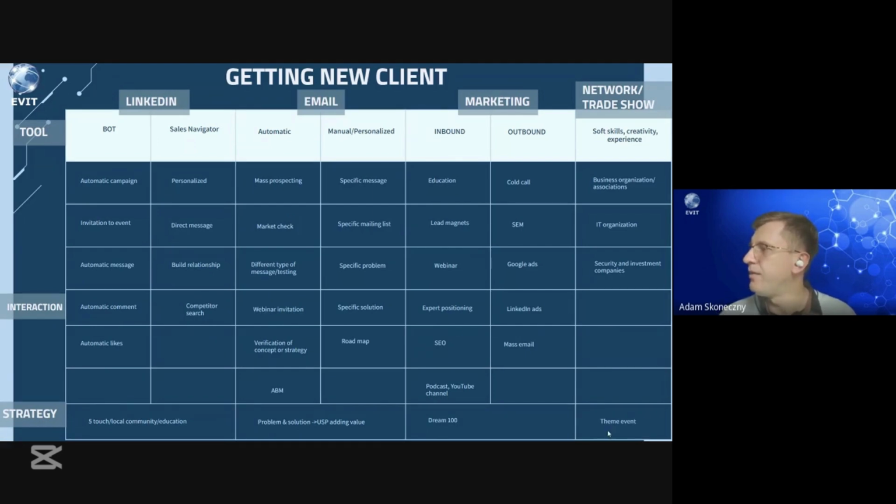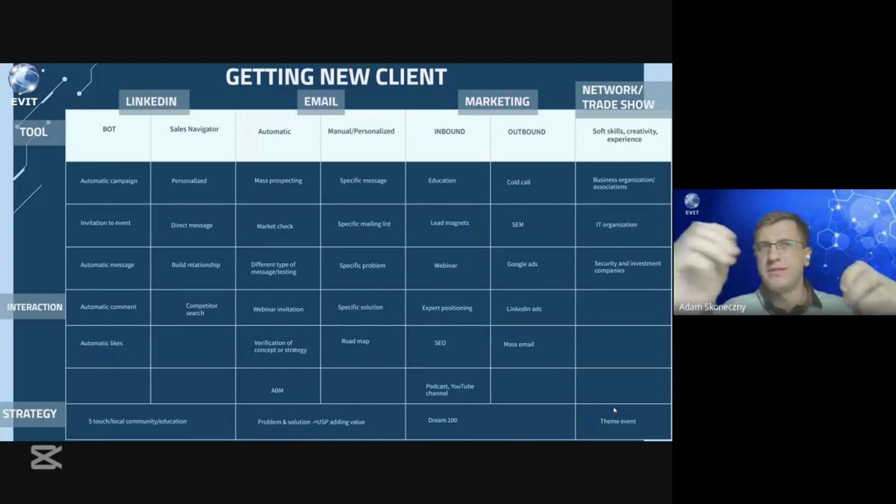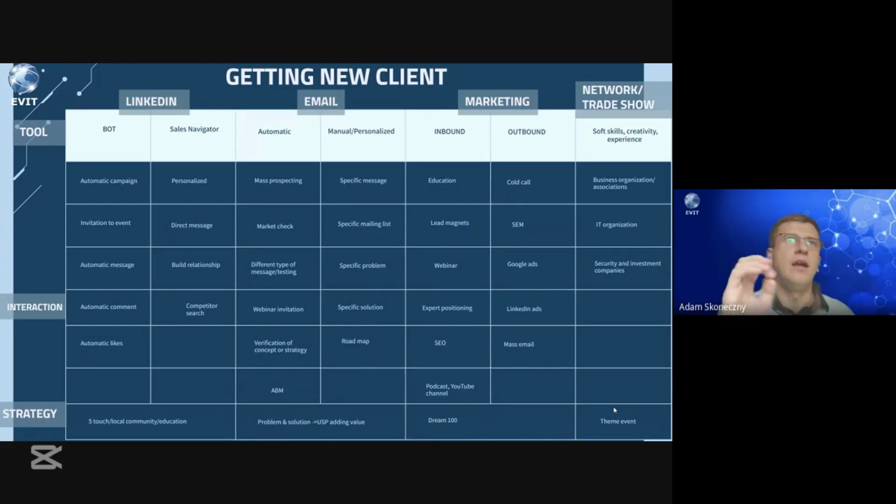And this is the one I want to share with you, because here I see a lot of challenges in Vietnam. So, strategy for networking and trade shows. I see that people in Vietnam waste a lot of money. How? They fly to the location of the trade show, let's say Singapore, Korea, Australia, and they invest $6,000, $10,000 in a booth.